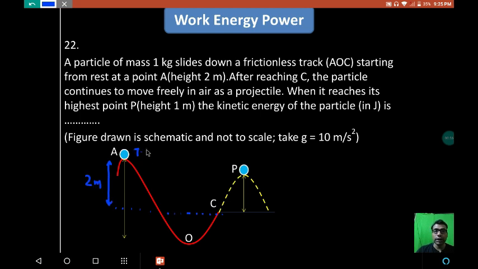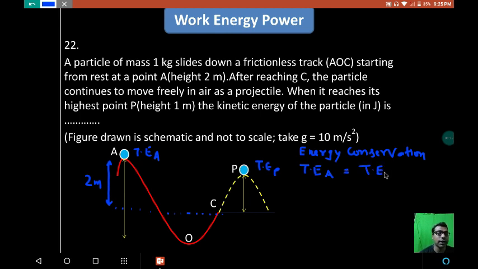The total energy at point A must be equal to the total energy at point P. What is the total energy at A? This is total potential energy, that is mg into h. That must be equal to the potential energy at P, mg into h1, plus the kinetic energy at point P.